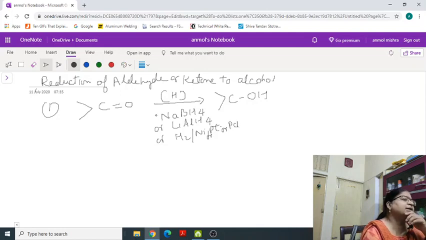So either you use this one or this one or this, only one reagent is used.